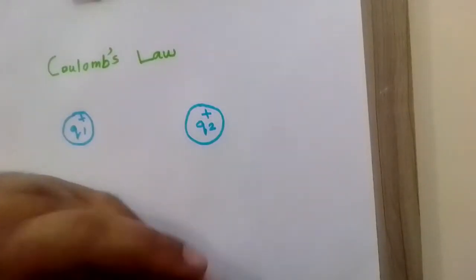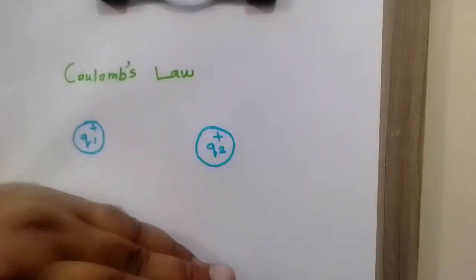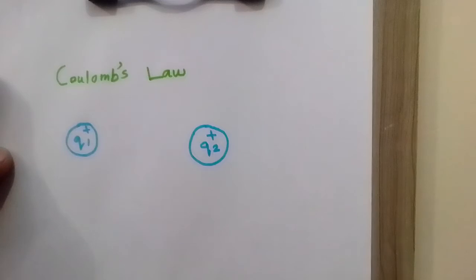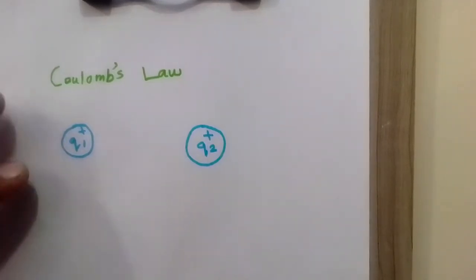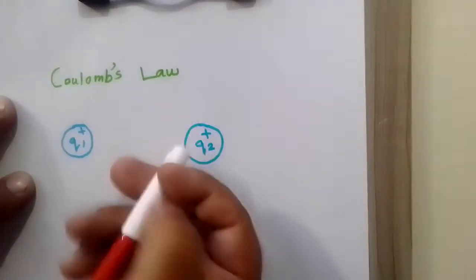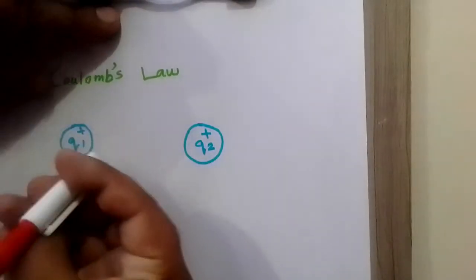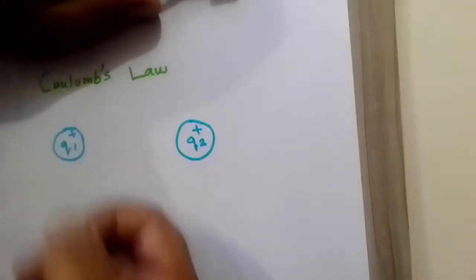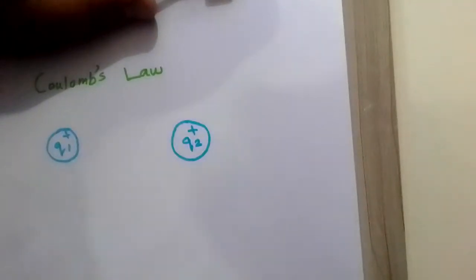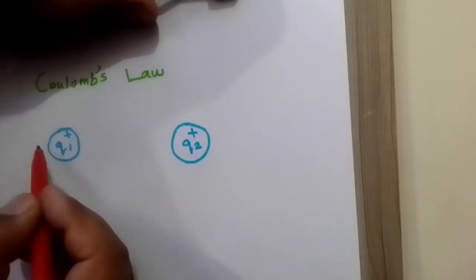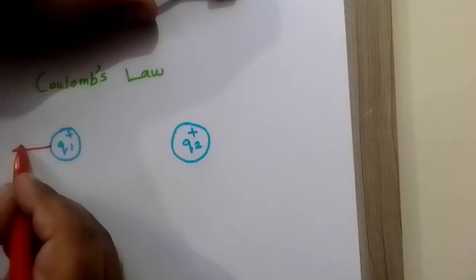So when both these charges are placed near each other, they will exert a force on each other. q2 will exert a force on q1, which will be in this direction.